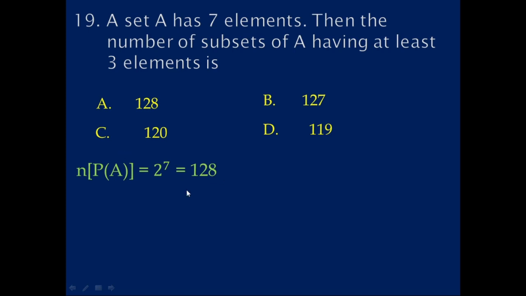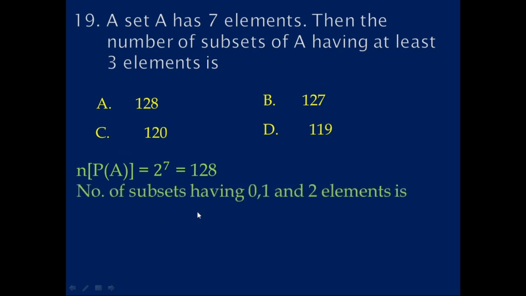Therefore, we have to delete the subsets having 0 elements, 1 element and 2 elements from the total. The number of subsets having 0 elements, 1 element and 2 elements is 7C0, 7C1 and 7C2.